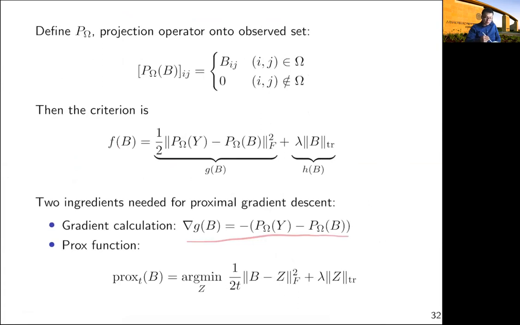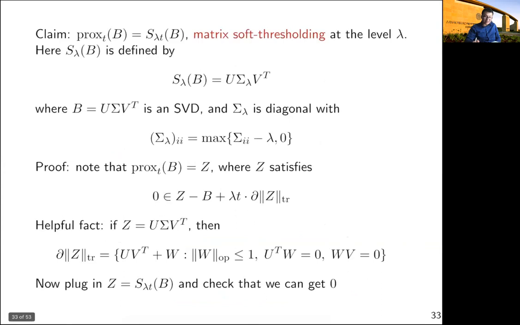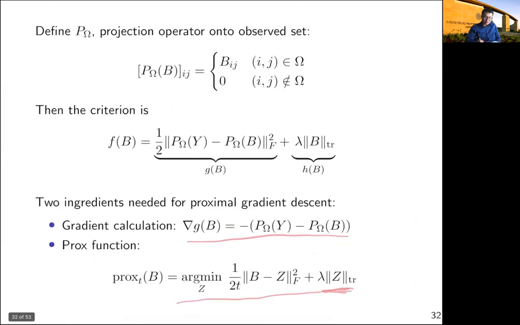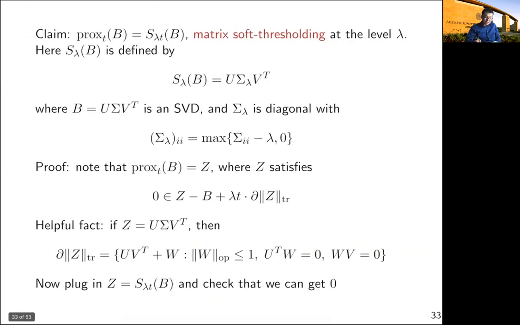And then the prox operator looks like the following. You'd like to minimize a quadratic function plus the trace norm regularization. What we can do is diagonalize this matrix by taking the singular value decomposition. That allows us to solve the prox operator very much like the idea of soft thresholding.